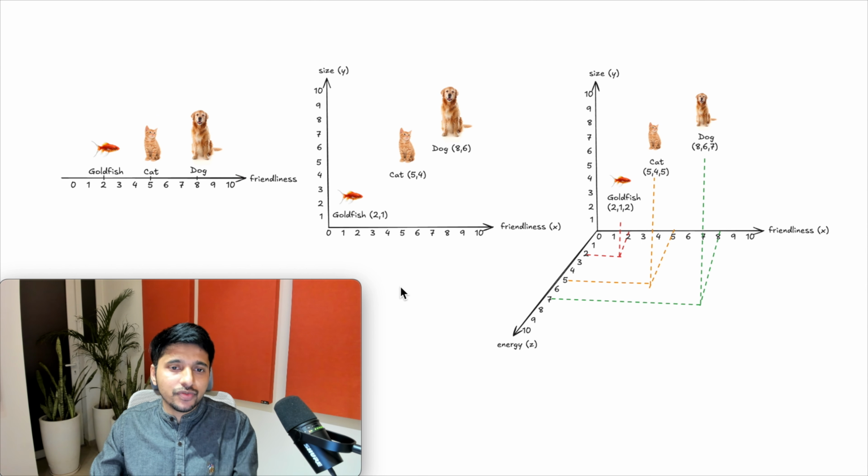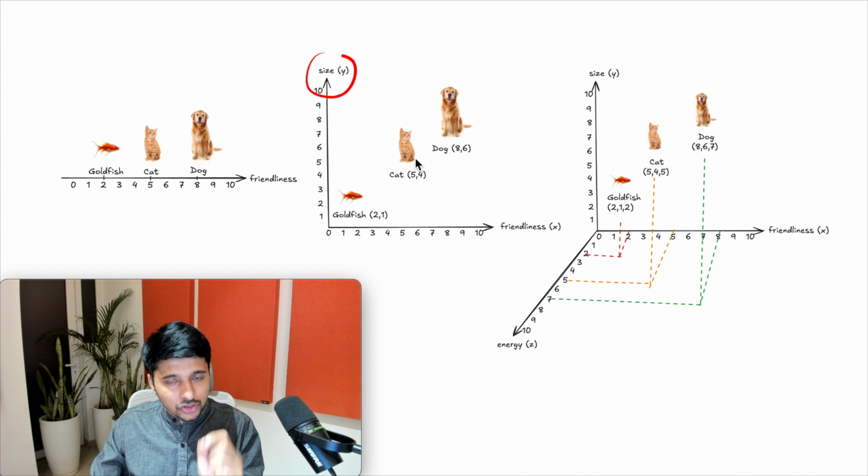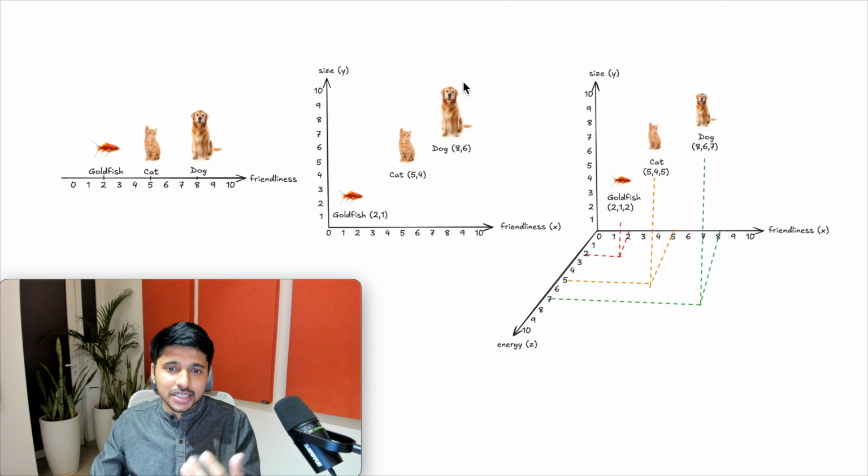Similarly, if we have to define something in 2D space, because we have two properties like friendliness and size, we will have the 2D space, and as you can see, again with the help of numbers we are representing the dog, cat and goldfish in this 2D space.